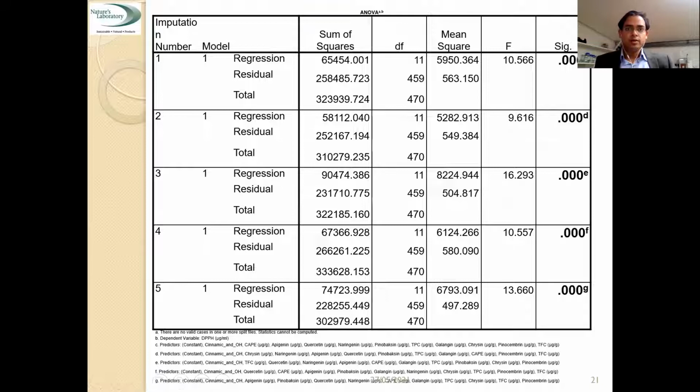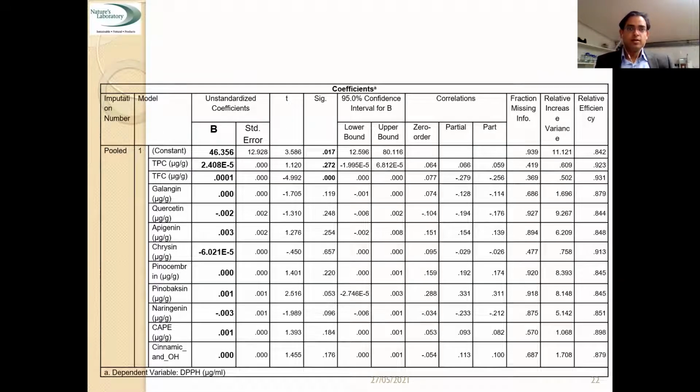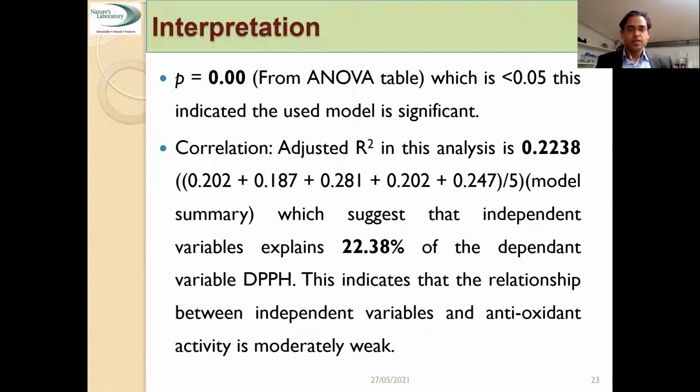And the ANOVA table suggests that the model is significant, and this is the coefficient and correlation equation we derived. So finally, to interpret the results, here again the ANOVA table suggests that the model is significant as the value is less than 0.05.